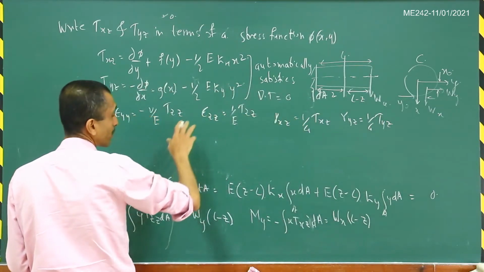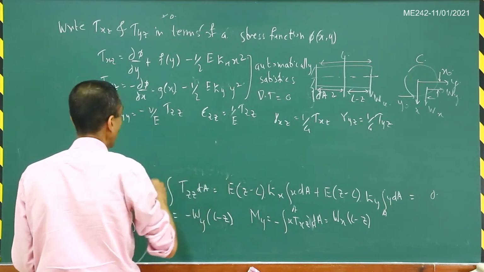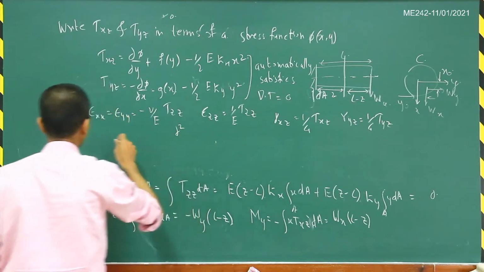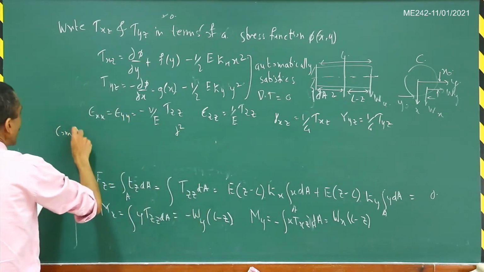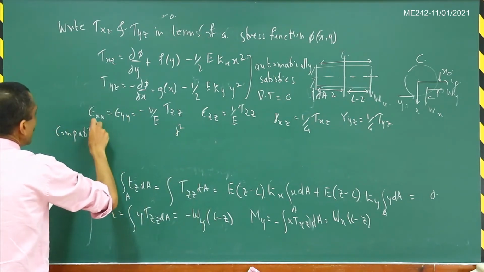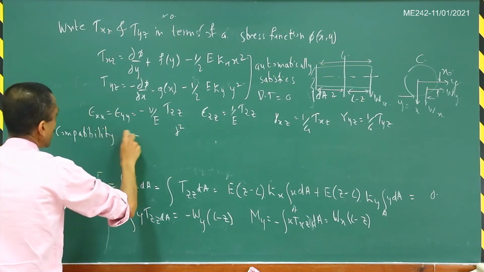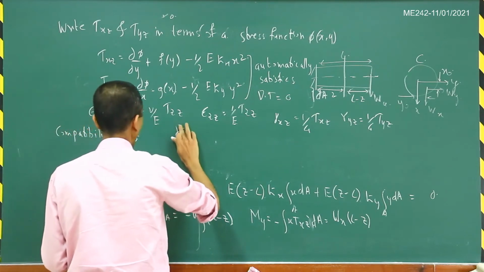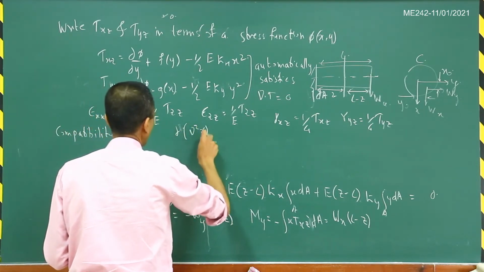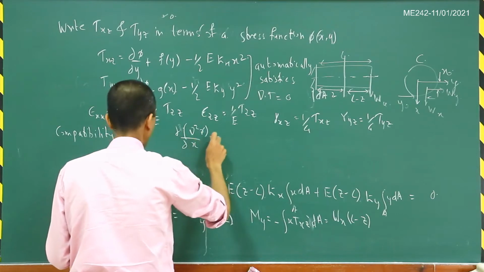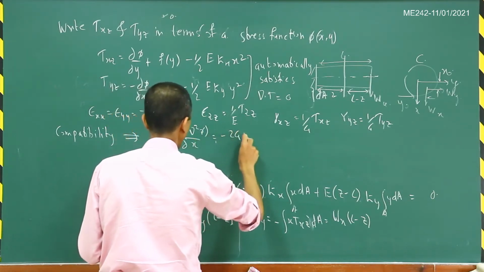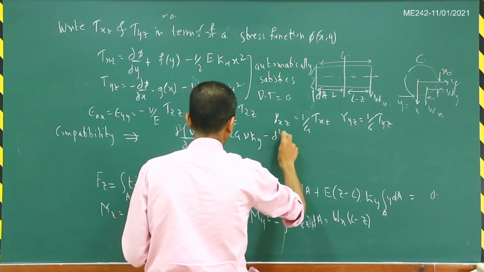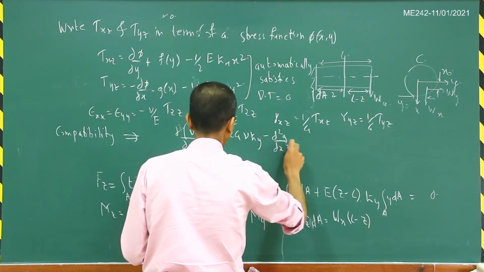Now if you substitute them into the 6 compatibility relations, the only 2 non-zero compatibility relations lead to del by del x of del square phi is equal to minus 2G mu times kappa y minus d square g by dx square.